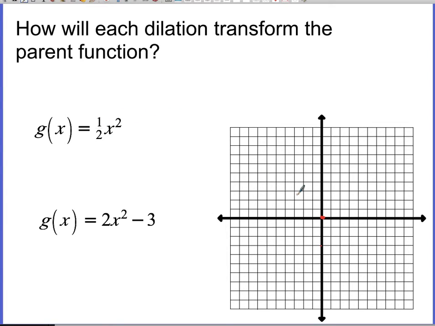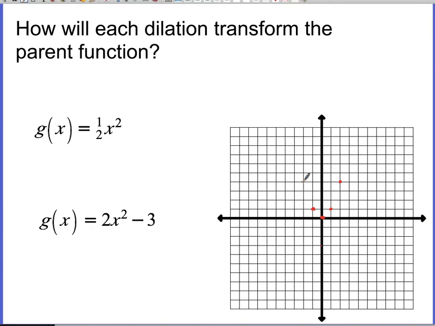Now, earlier we talked about how to draw a parabola. When we don't have any changes being made to the parabola, when it's just the parent function like this, we should remember the pattern. The pattern is over 1, up 1. That gets us to our next spot on the parabola. The next spot is over 1, up 3. This is just the parent function we're doing right now.